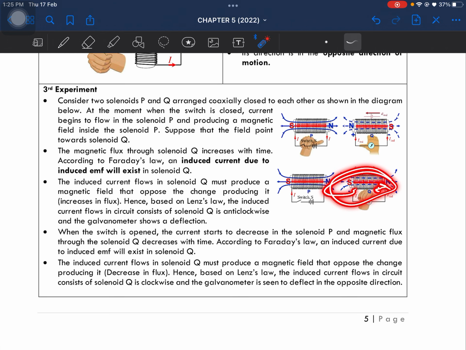According to Faraday's law, an induced current due to induced EMF will still exist in solenoid Q. The induced current flowing in the solenoid coil will then produce a magnetic field that opposes the change producing it, since there is a decrease in flux. The switch is already turned off here, and based on Lenz's law again, the induced current flowing in the circuit will be clockwise, and the galvanometer will deflect in the opposite direction.